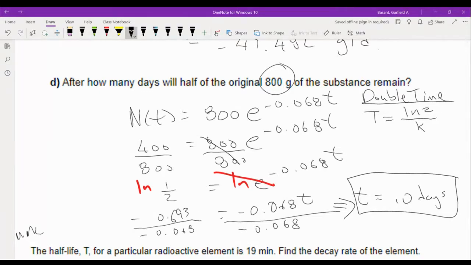When we did some of the problems, how long does it take to double your money? In actuality, the half-life formula is the same thing. The half-life t is equal to the ln of 2 over k.